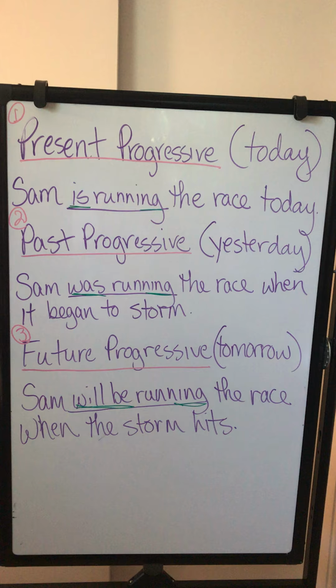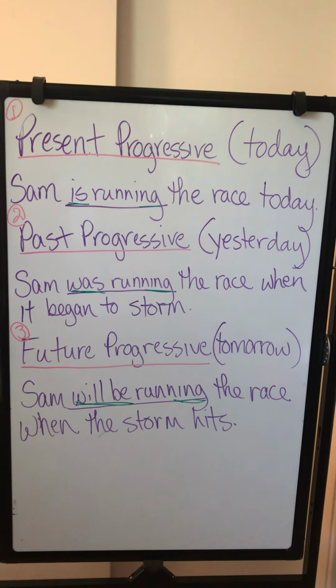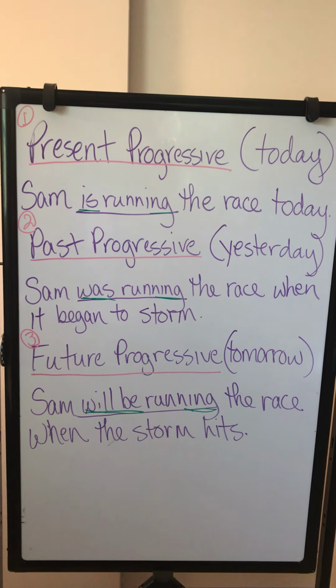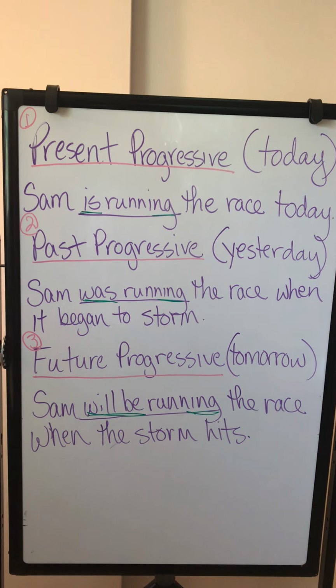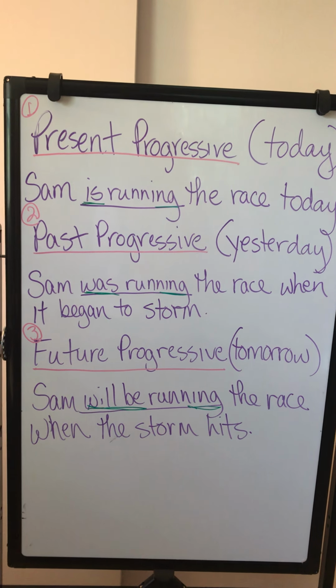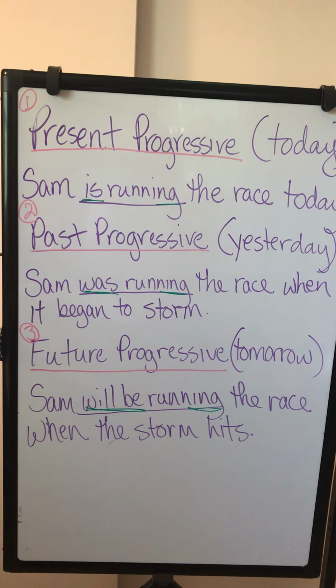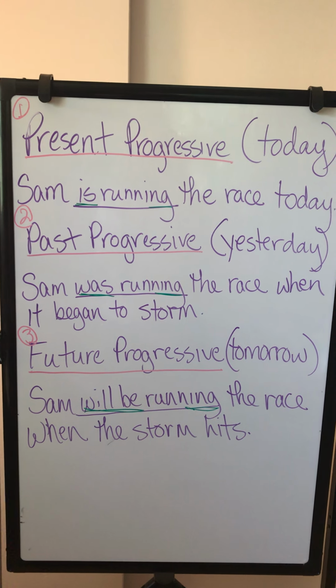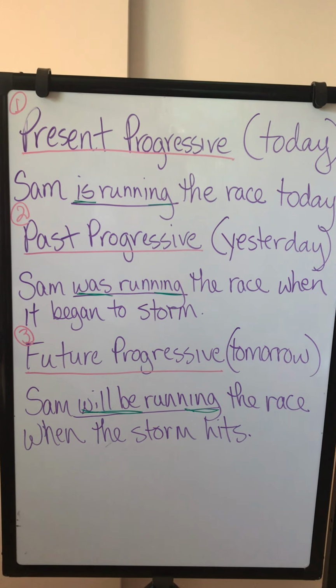So it's happening in the moment of tomorrow. The example is, Sam will be running the race when the storm hits. Obviously, this hasn't happened yet, but we're referring to it that when it happens, he will be in the act of running.